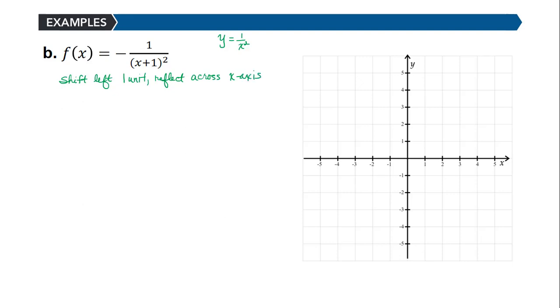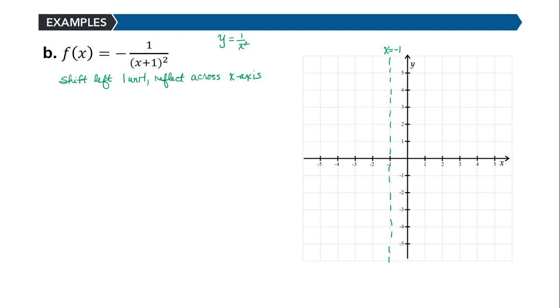So when we think about how this impacts our vertical asymptote and horizontal asymptote, we had originally a vertical asymptote at x equals 0. So to shift that left 1 and then reflect it across the x-axis, we'll just keep it at x equals -1. And again, I can find that by setting the denominator equal to 0.